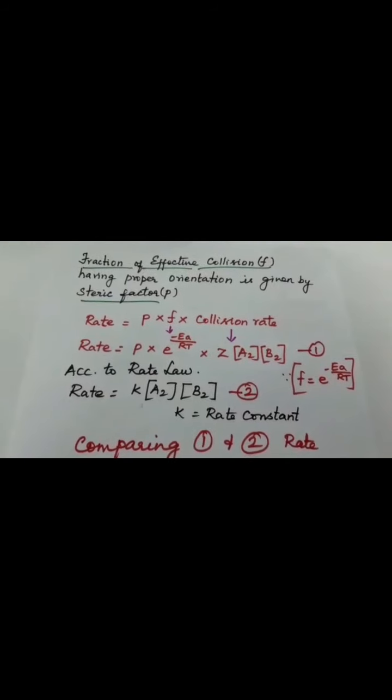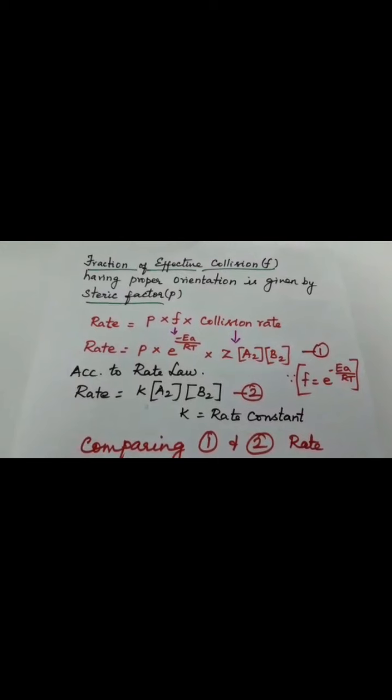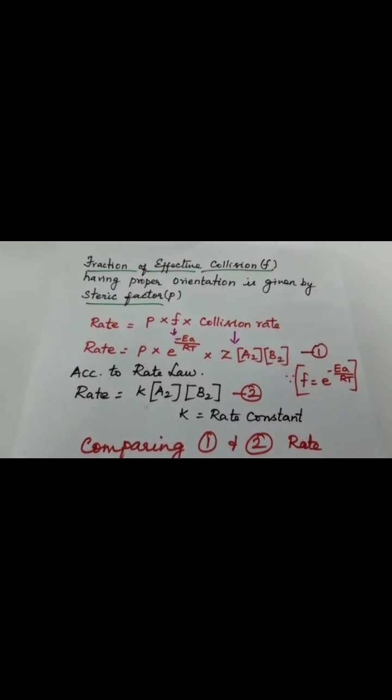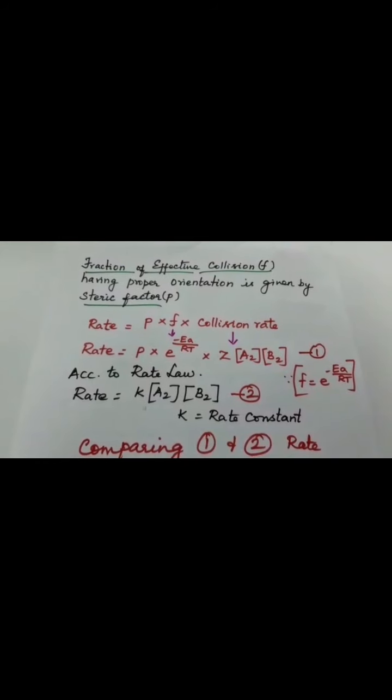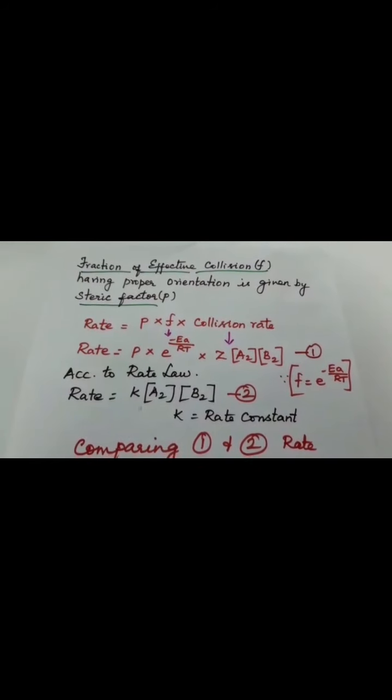In an ineffective collision you will not get product; instead, you get back the reactants. So out of 10 power 18 collisions, only 4 are very effective. Based on the orientation factor, the molecules will not react unless their orientation is suitable for the formation of the transition state.